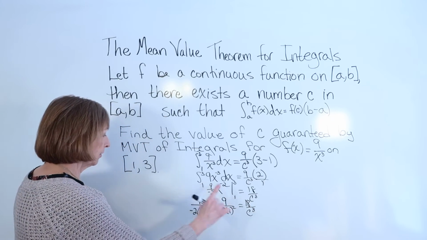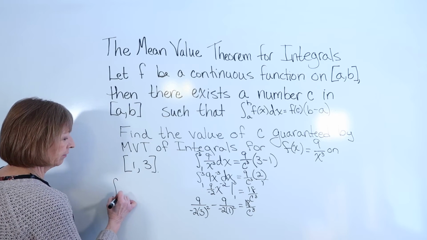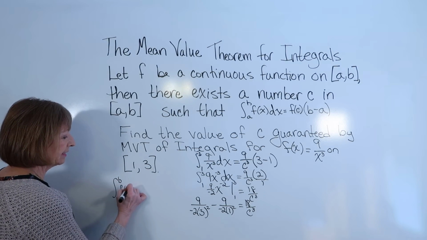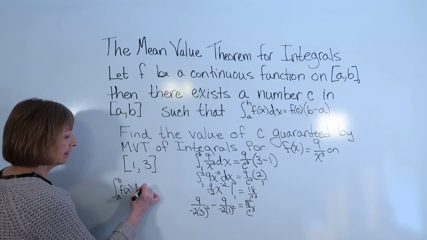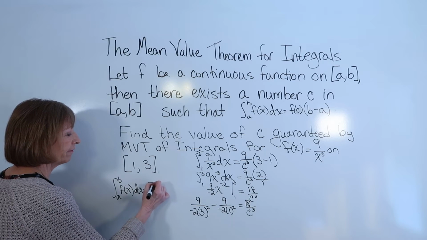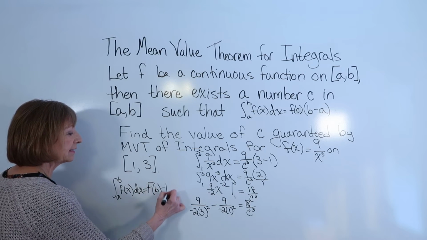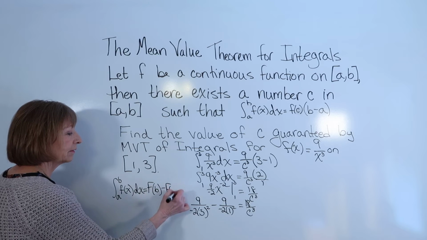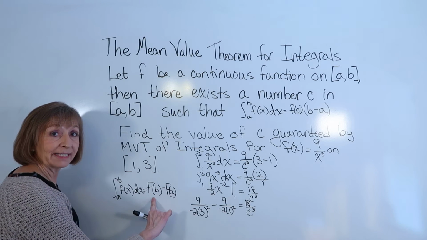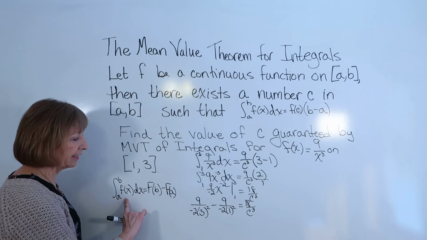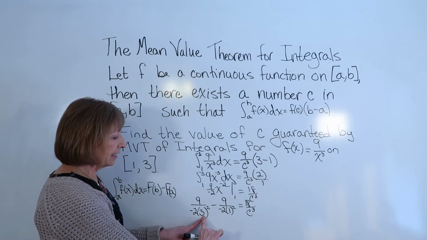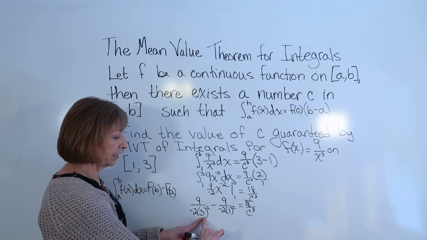And what we did here was our definite integral from a to b of f of x dx can be found by capital F of b minus capital F of a, where capital F is an antiderivative of small case f.